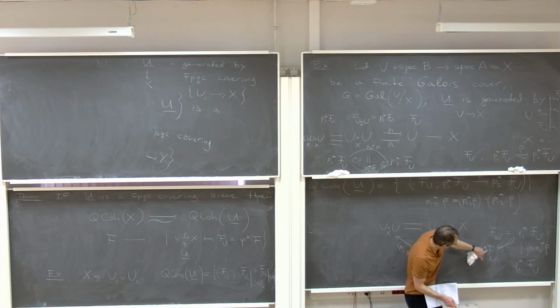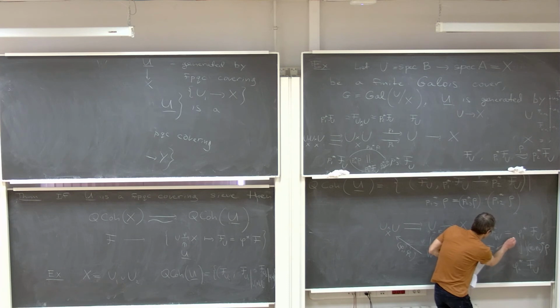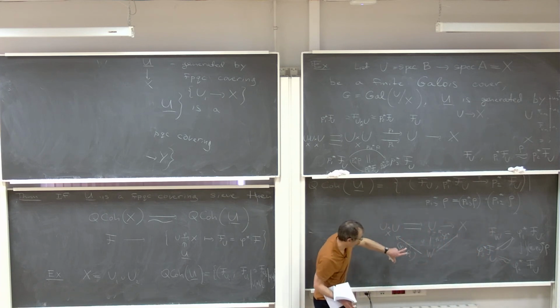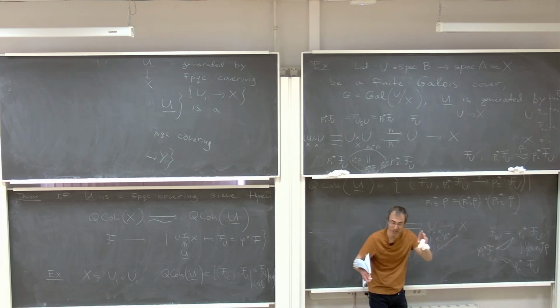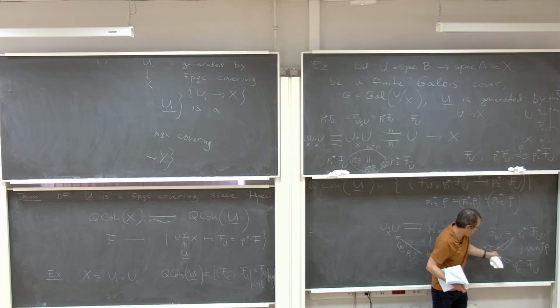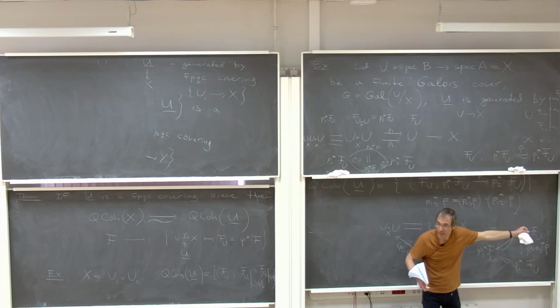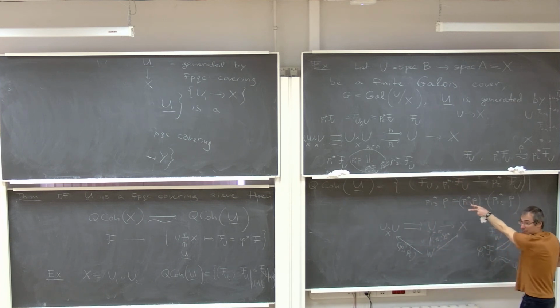But we could also construct an isomorphism between this and this by composing this isomorphism and this one. And to make this F_W really well defined, you need to check that this isomorphism is equal to the composition. And that's what this whole cocycle condition that I wrote here is needed for.